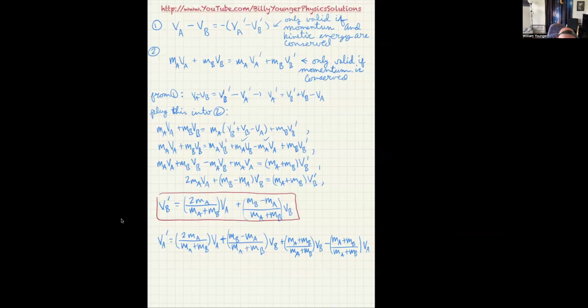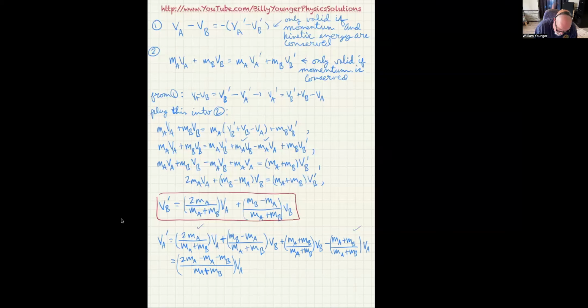I can see now that when I add the 2MA, which is being multiplied by VA, to negative MA, negative MB, which is what's going to happen, then I get 2MA minus MA minus MB, and all that is still over MA plus MB, and it's still being multiplied by VA because that was the term I was taking into account. So now I've accounted for this term and this term.